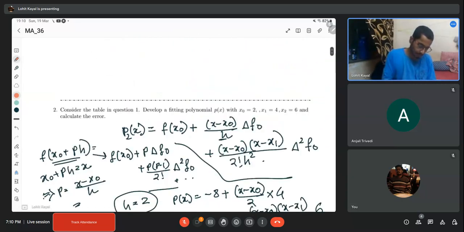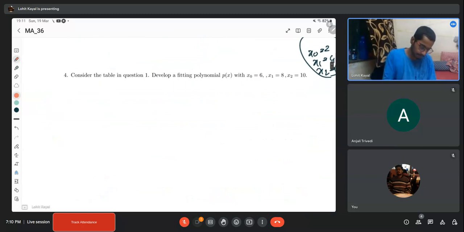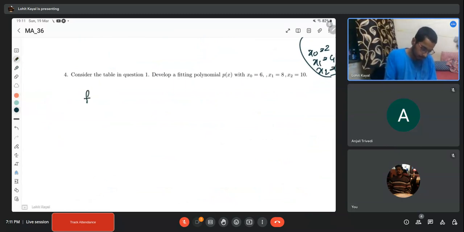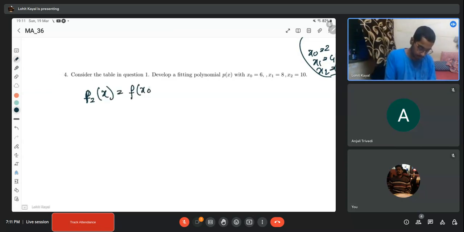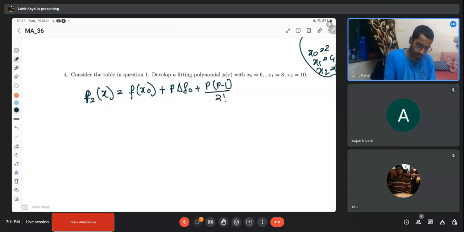Okay, and let us find the formula for that. So px, again this is the p2x. It will be f of x naught plus p into delta f naught plus p into p minus 1 by factorial 2 delta square of f.